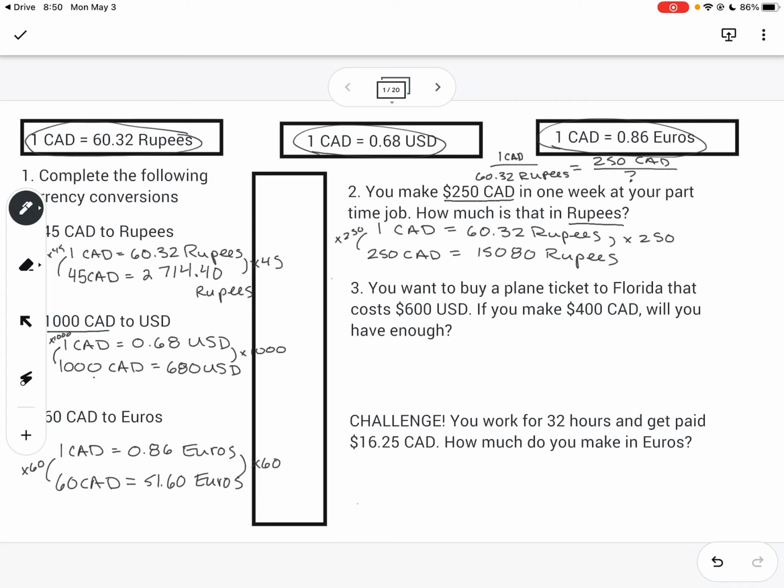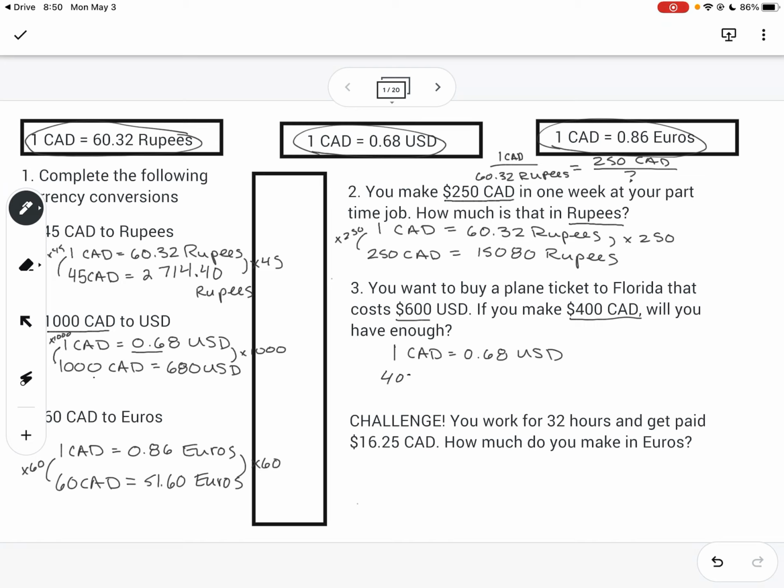So let's look at another example. If you want to buy a plane ticket to Florida that costs you $600 US dollars, you make $400 this week at your part-time job. Do you have enough money to buy the plane ticket? Okay, any predictions? You might already know from this conversion example that we did over here. So we know that 1 Canadian dollar equals 0.68 US dollars, or less than 1.